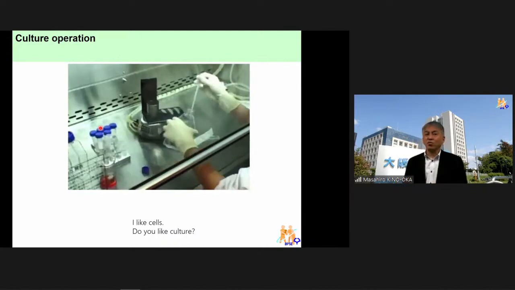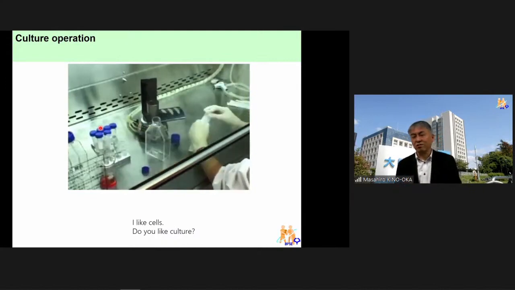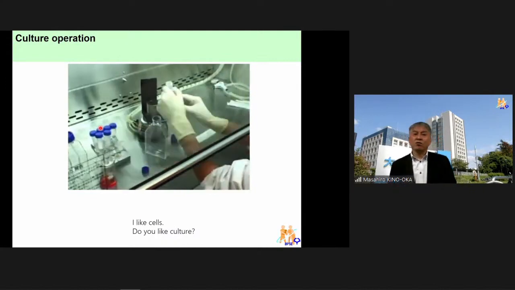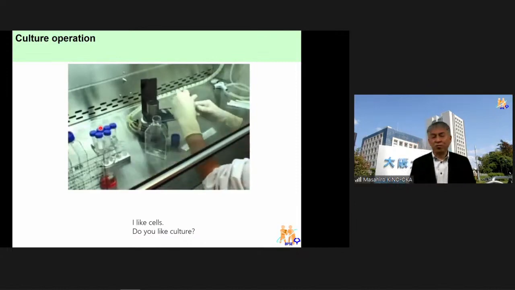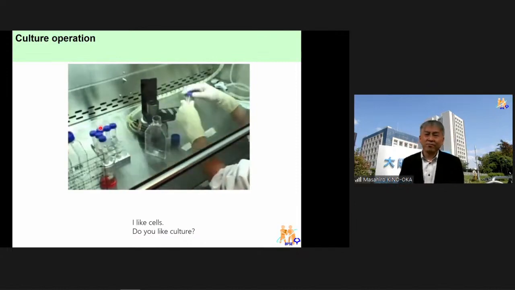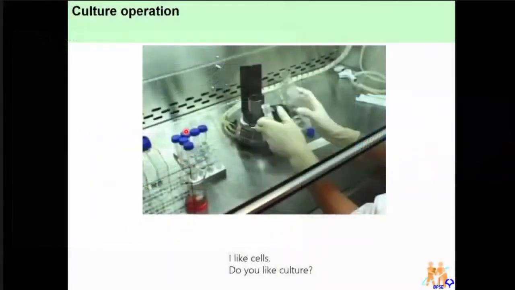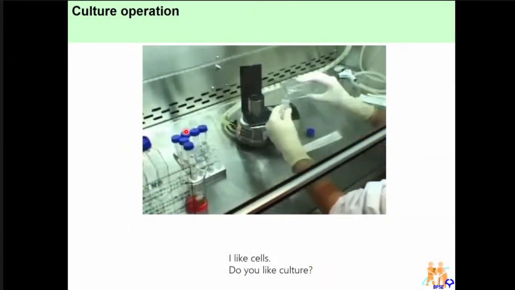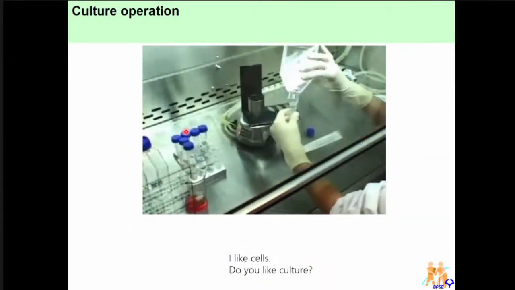For the main experiment, she has to do something else, and also she has to pay for the preparation of the cells. So how to reduce the cost and the time? That's a problem.